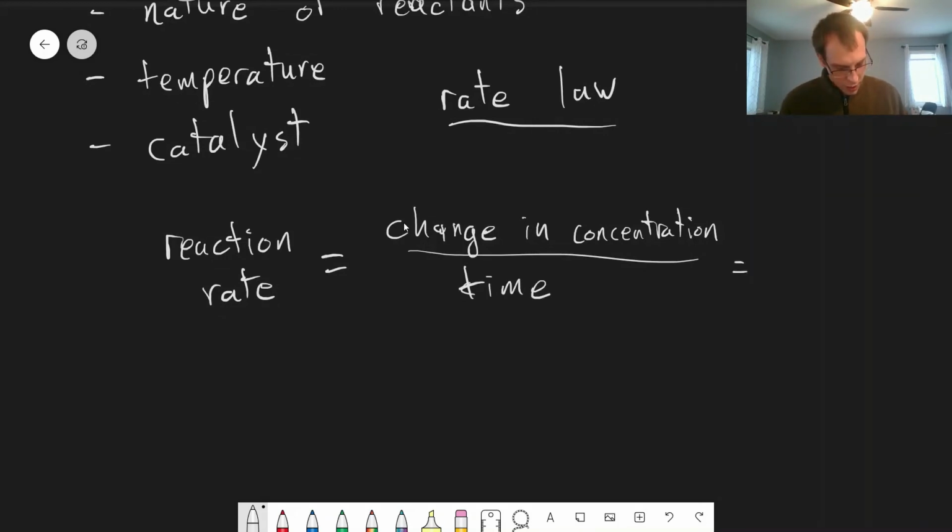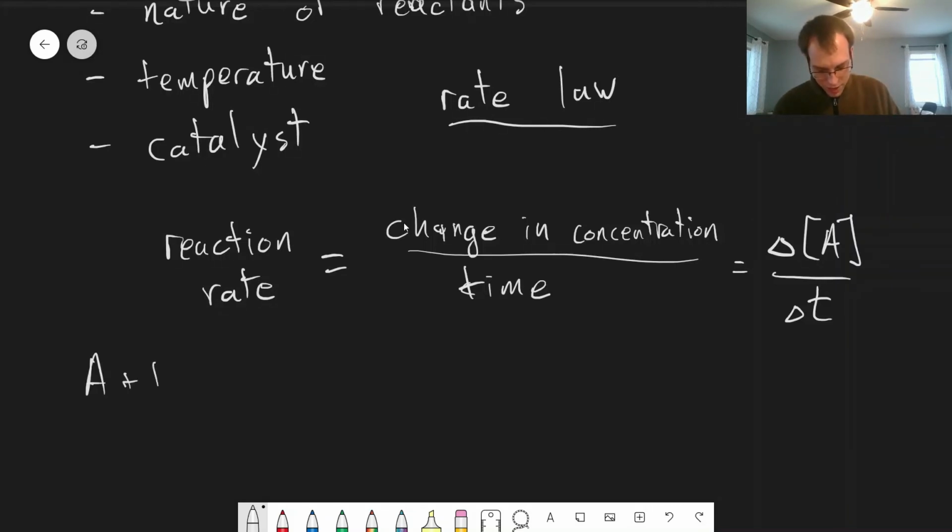And this is often written with delta meaning a change. Say we're looking at reactant A over how long it takes for that concentration to change. Let me give a specific reaction here.